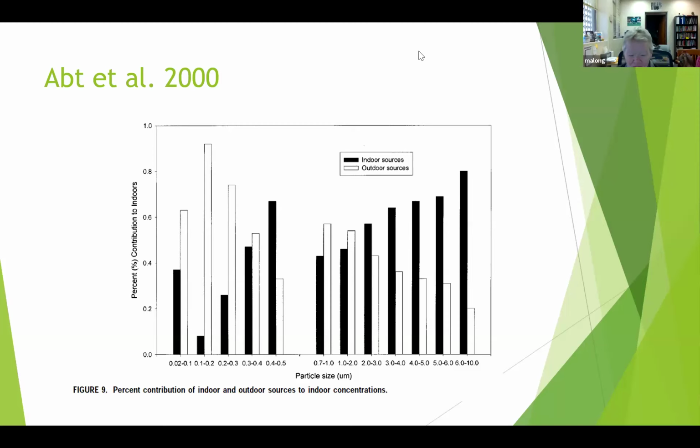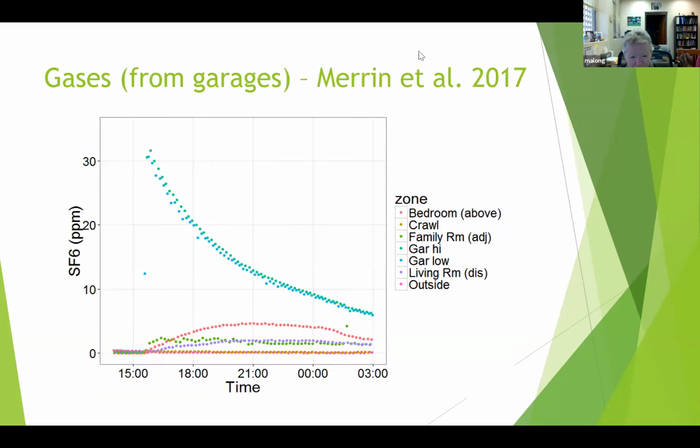Hey, Paul, could you go back to the last one you showed us, the one with the pretty colors? Because I have a little problem with colors. Is the one that goes along the bottom, the one that humps up, it looks like a snake ate something. Which of those on your key is that? Is that the bedroom above? This is the bedroom above. And is that the bedroom above the garage? Yes.